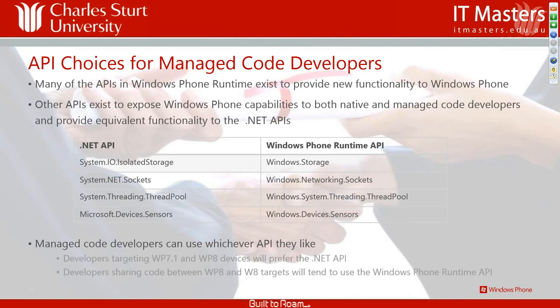Now one note to make here is that if you're looking at building for Windows Phone 7 and you want to make use of the async await pattern, you can now do that as part of the Windows Phone 8 SDK. So the new SDK that plugs into Visual Studio 2012 actually enables both the development of Windows Phone 7 and the Windows Phone 8 development environments.